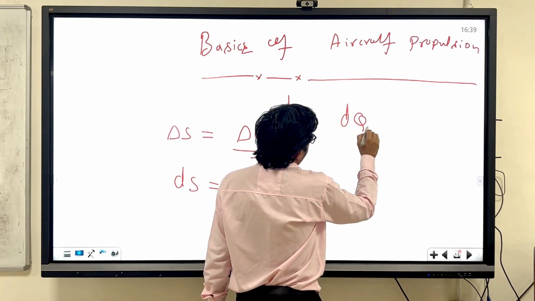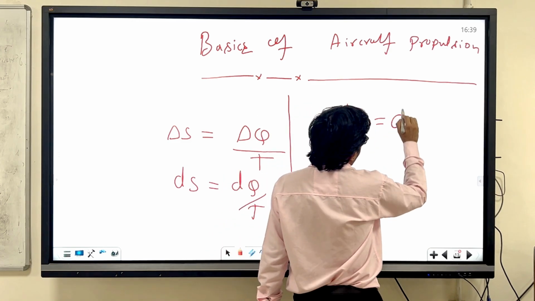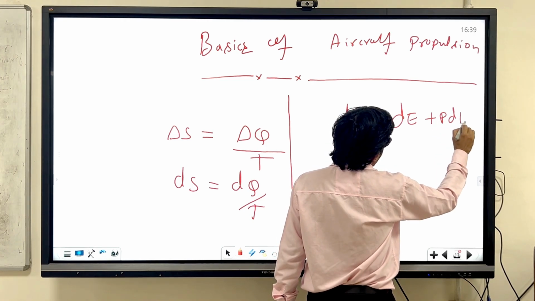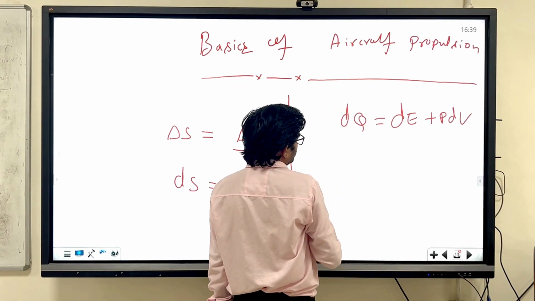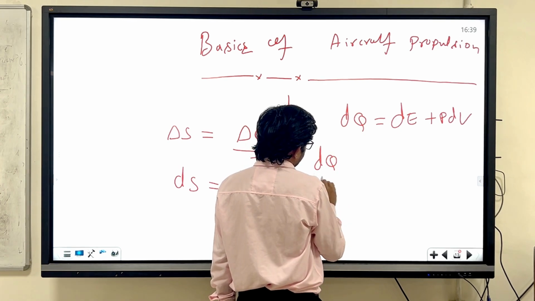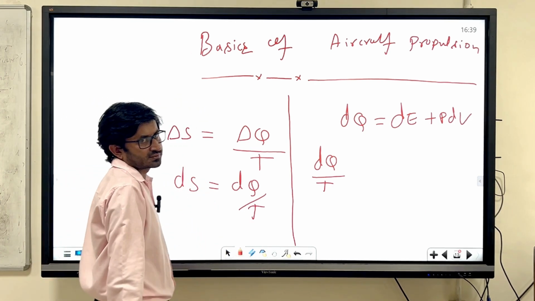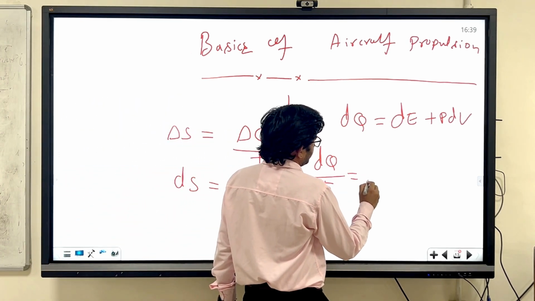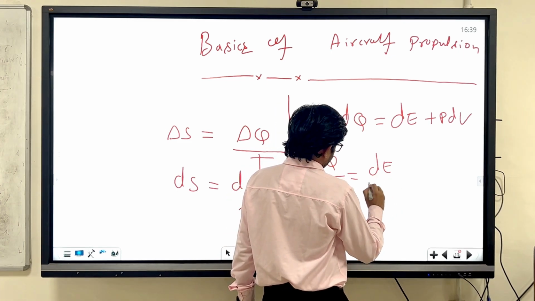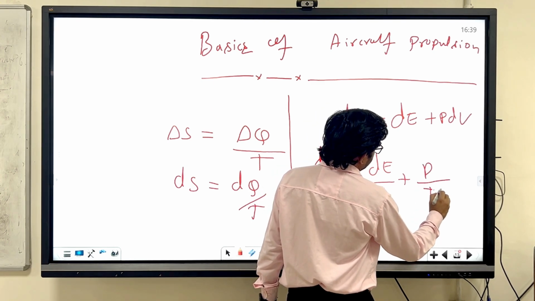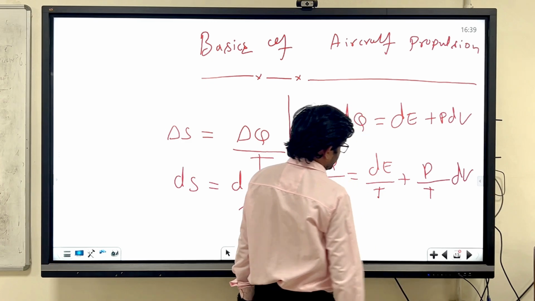So total dq is the total energy that you can write as internal energy plus p into dv. You can divide this by T. You will get, because my ultimate aim is to find what ds actually is, de by T plus p by T into dv.